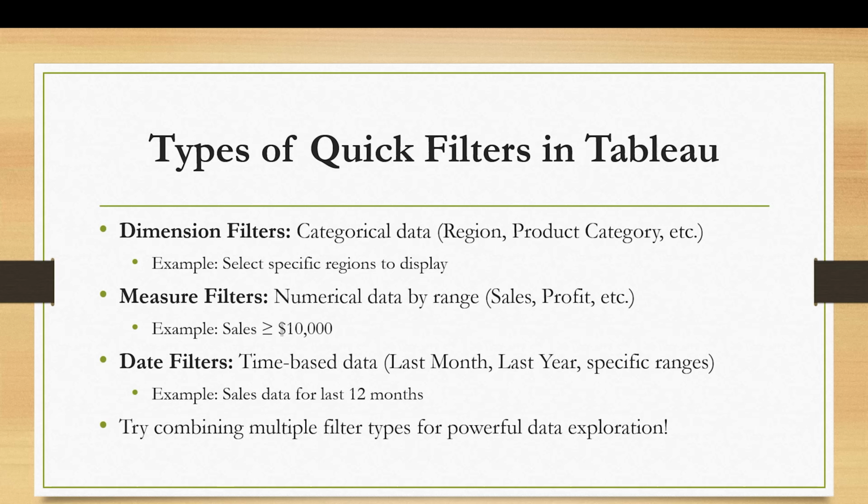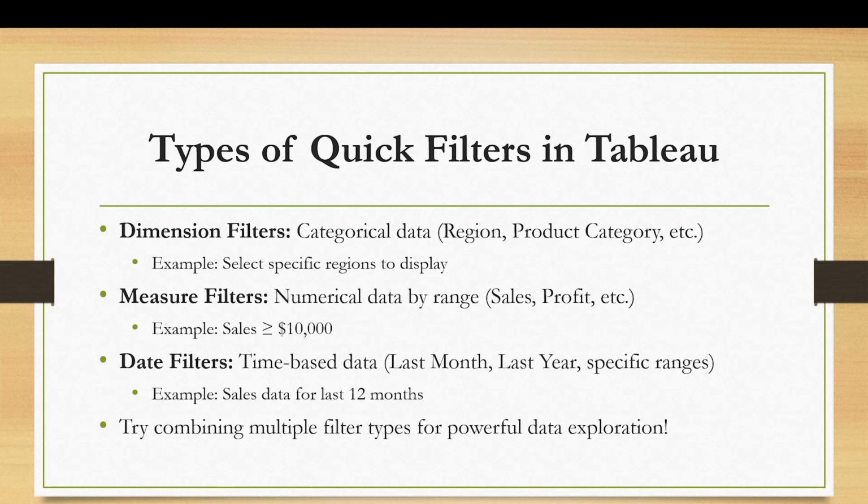So there are broadly three types of quick filters in Tableau. There are many other filters also in Tableau that we will see in upcoming videos, but here we are going to see the quick filters. So, types of quick filters. First we have dimension filters.